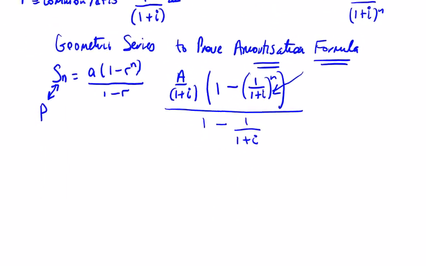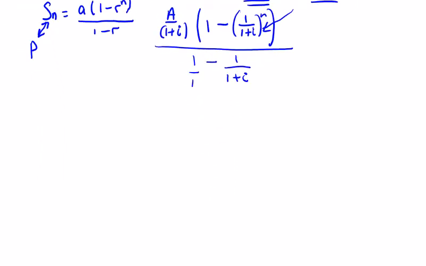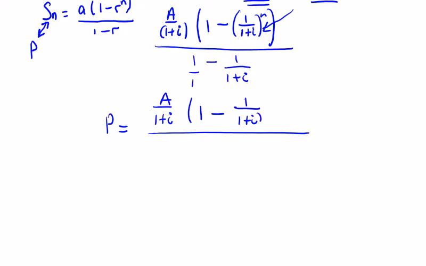And then I'm going to simplify this fraction on the bottom as well into one fraction. So on top, A over 1 plus I, and P is equal to all of this, times 1 minus 1 over 1 plus I to the power of N, divided by, on the bottom of this fraction, we're going to have 1 plus I, and on top I'm going to have 1 times 1 plus I, which is 1 plus I, and minus 1 by 1, which is minus 1.